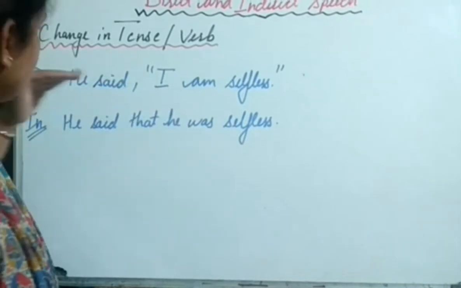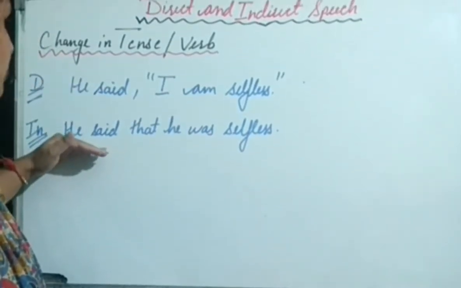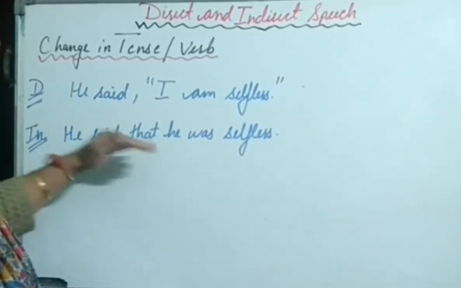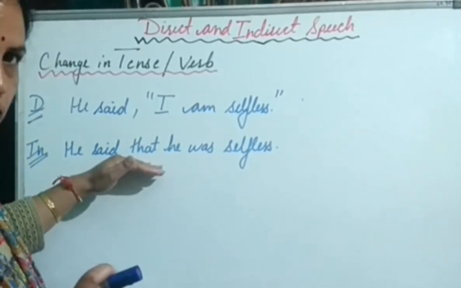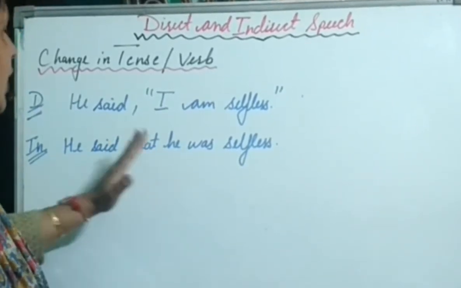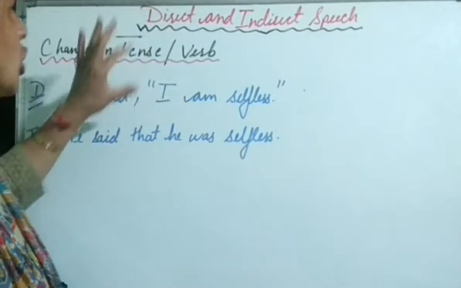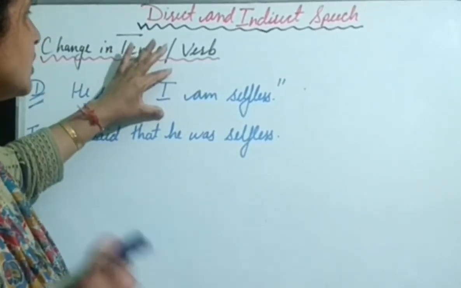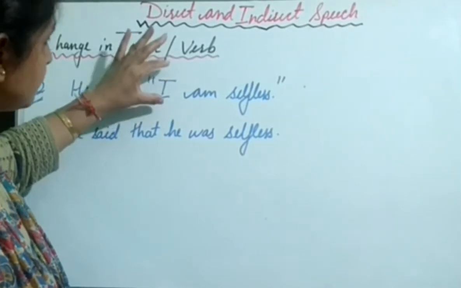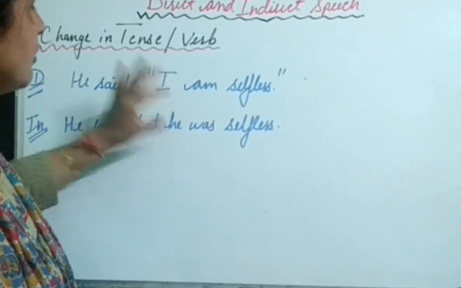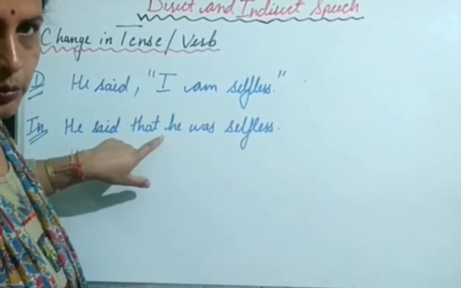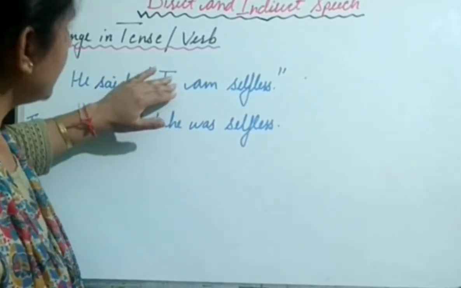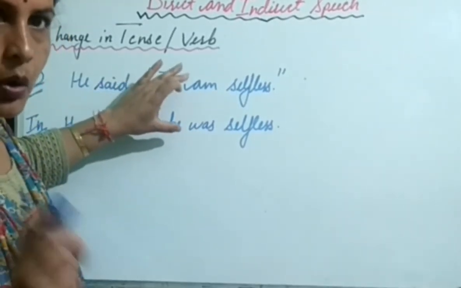Now let us see this indirect speech. He said that. We have used here the connector that, and after using it we remove the comma. Then we come to the next first person pronoun I. This I we have changed here into the pronoun he. Then we come to verb or tense.